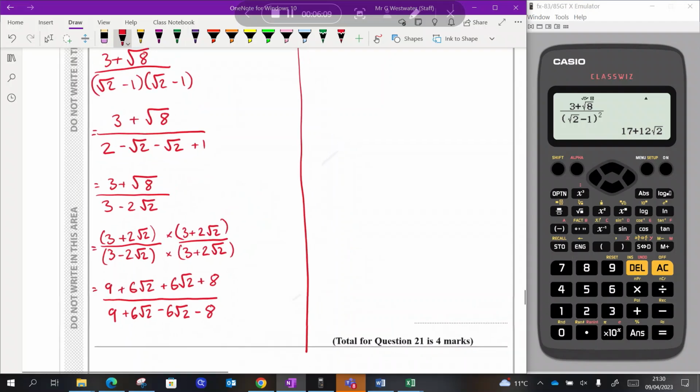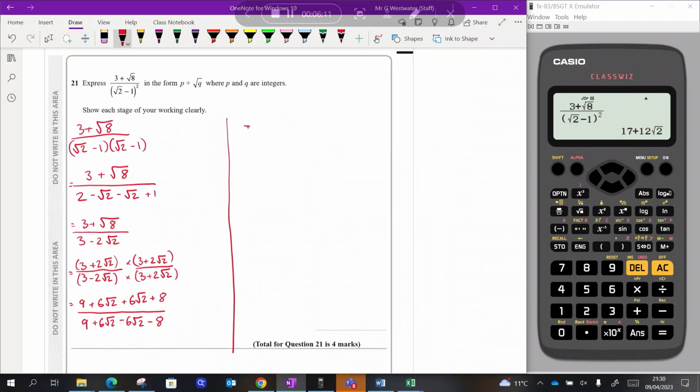So altogether, on the top, we have 9 plus 8 for 17, and we have 12 root 2, over 9 minus 8, so 1, and these two middle terms will cancel out. So this gives me 17 plus 12 root 2, because over 1 will just vanish in a way, which is what we've got on the calculator.